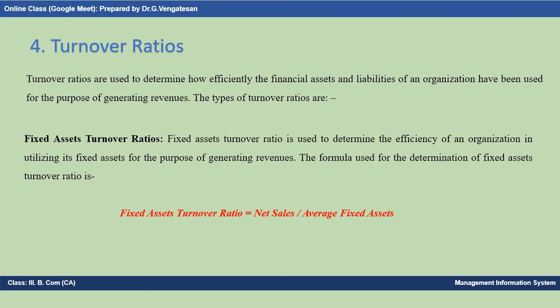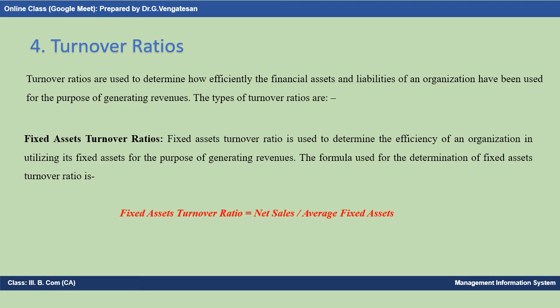The first one is fixed asset turnover ratio. This fixed asset turnover ratio is used to determine the efficiency of an organization in utilizing its fixed asset for the purpose of generating revenues.